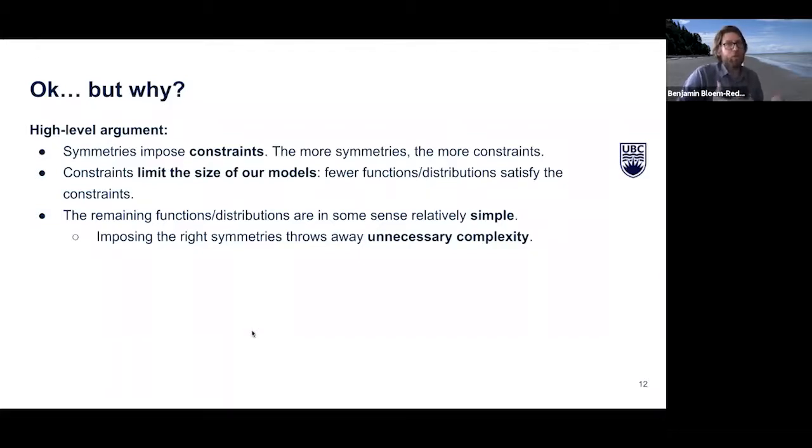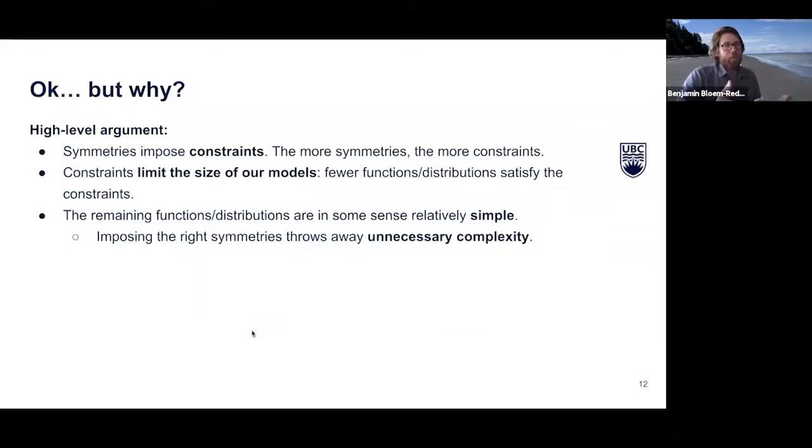Okay, so the more symmetries, the more constraints, and the more constraints, the fewer functions or distributions there are that actually satisfy those constraints. When we're specifying a model, from a classical statistical modeling standpoint, we have a family of distributions, and we want to infer which one might be the best fit to our data.